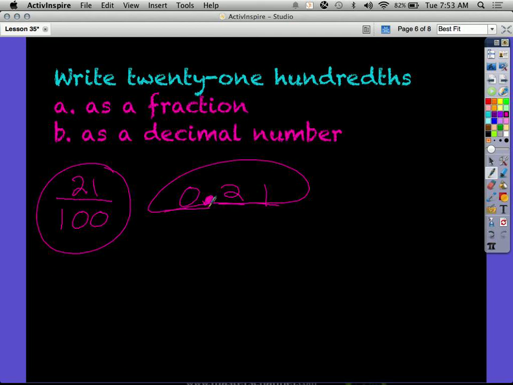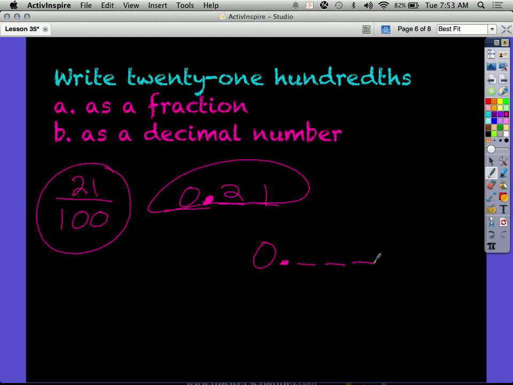One thing we'll get to more later on, but what if it was 21 thousandths? Okay. Well, I can draw lines to know that I need to fill in those all the way to thousandths. Now that 21, I need to start on the right side, just like as we're writing numbers.